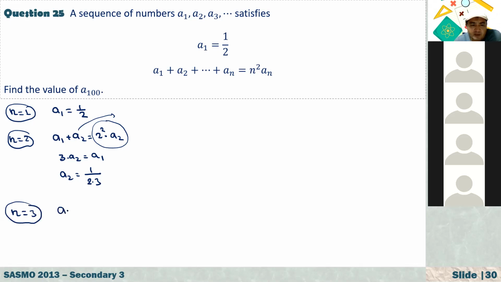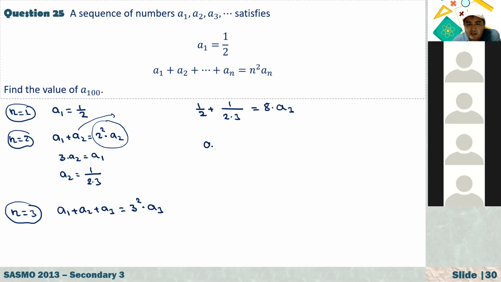Here we have a1 plus a2 plus a3 is equal to 3 squared times a3. So now we know a1 and a2. a1 equals 1 over 2 plus a2 equal to 1 over 2 times 3, take a3 to the right hand side, 8 times a3.